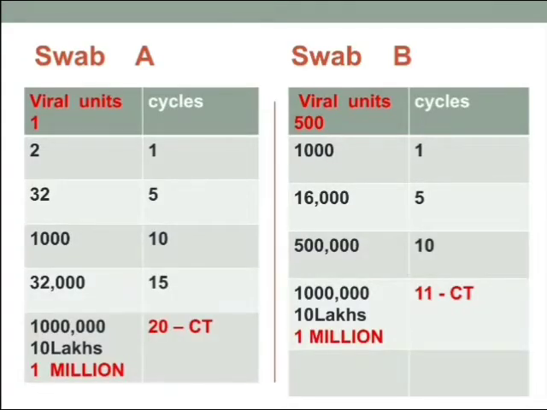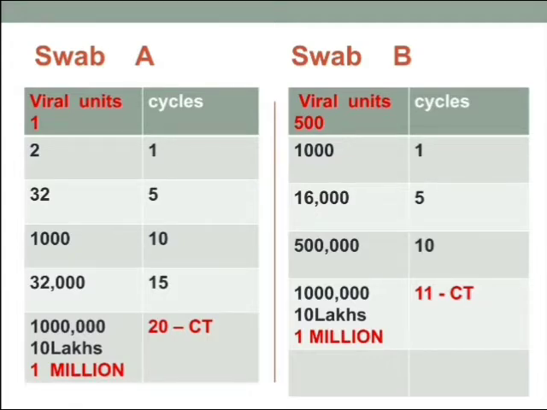So here is an explanation with 2 separate swab samples. On the left side, swab A. See, to start with, it contains just 1 unit of the virus in the swab. So once you introduce it into the equipment, after 1 cycle it becomes 2 units. After 5 cycles, it becomes 32 units. 1000 units are reached after 10 cycles.